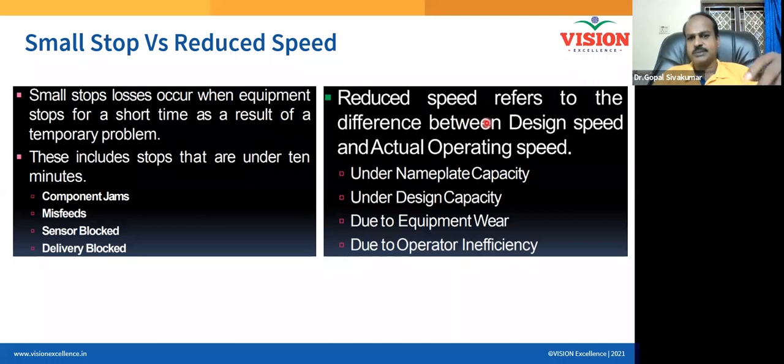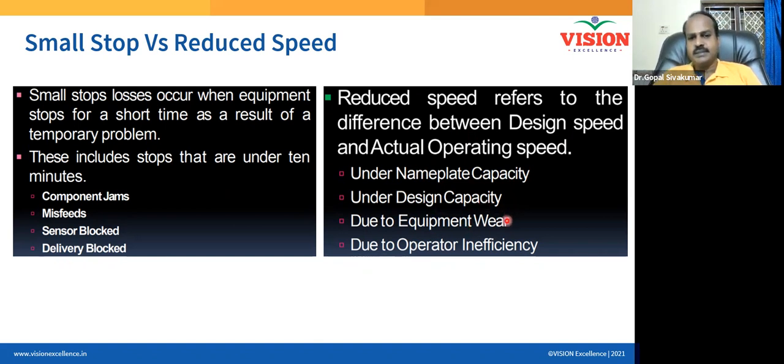Another thing, reduced speed. Reduced speed means it takes more than 10 minutes of loss of the speed. So it refers to the difference between the design speed and actual operating speed. You need to compare your actual speed with the nameplate capacity, with the design capacity.